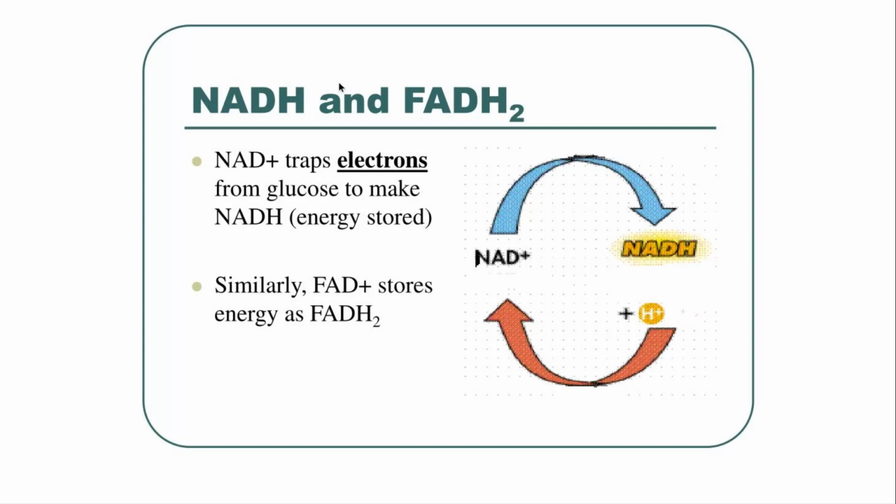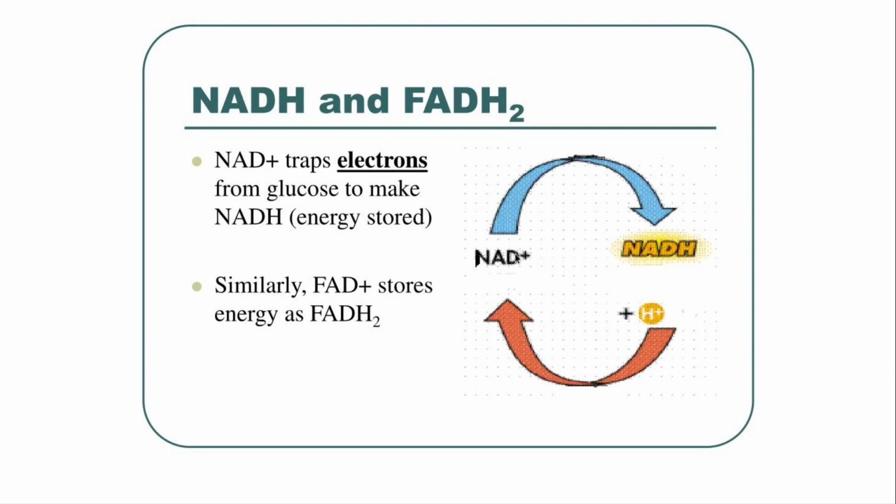These are called NADH and FADH2. Remember, when we were studying photosynthesis, we looked at a molecule called NADPH. This is a very close relative of that, also derived from vitamin B. So NADH and FADH2. The low energy version of this is NAD+.